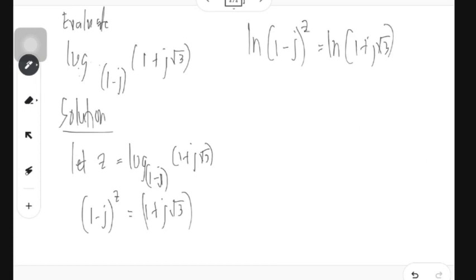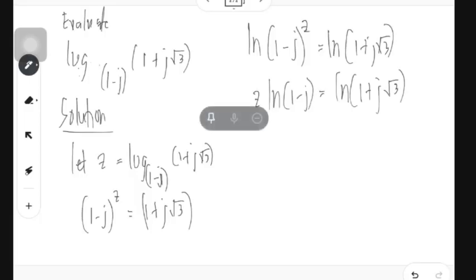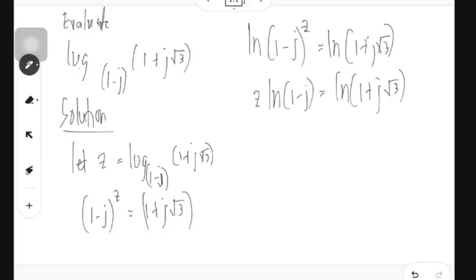Since we are interested in c, apply third property. It can be taken as c ln of 1 minus j equal to ln of 1 plus j square root of 3. Siguro ito yung gustong sabihin kanina ni Julia na di-divide.